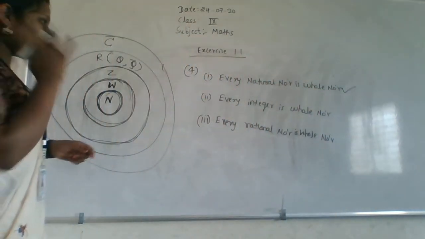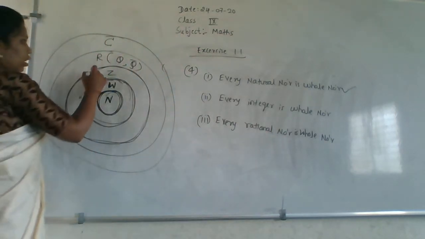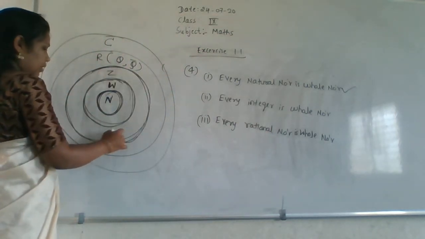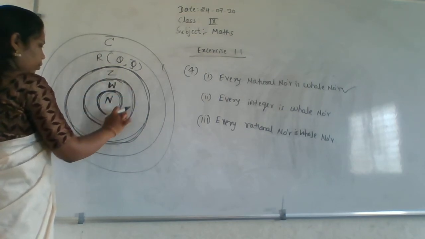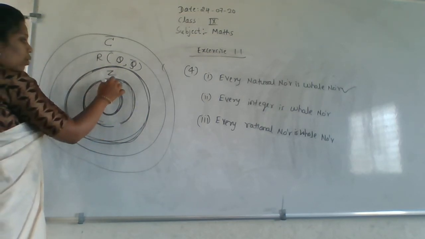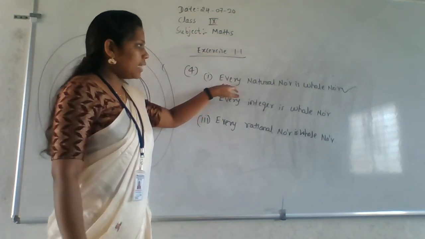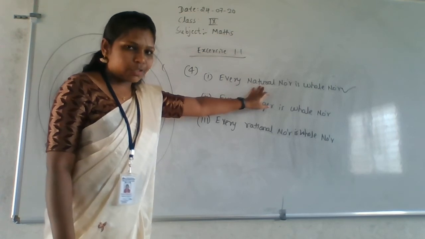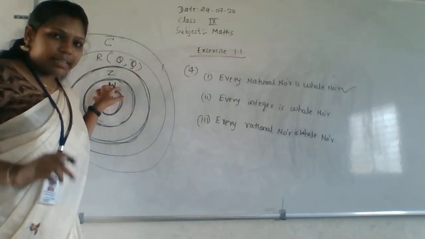Next one is what they have given: every integer is a whole number. See the difference. For every natural number, the natural numbers are inside the whole numbers, that's why it is correct.